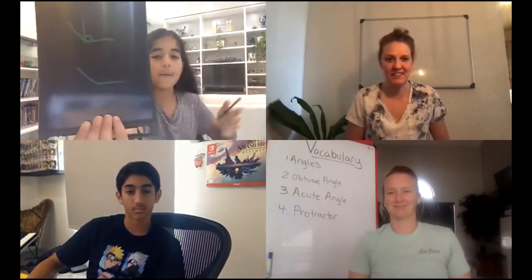You see the differences in size. You know an obtuse angle is bigger because it's more than 90 degrees, which is a 90-degree angle, also known as a right angle. Very good, Madonna.